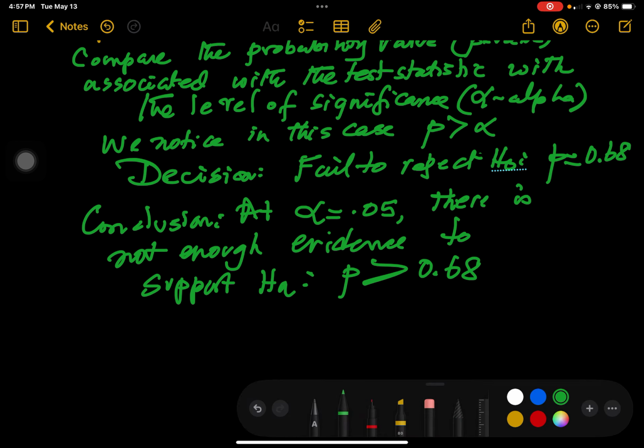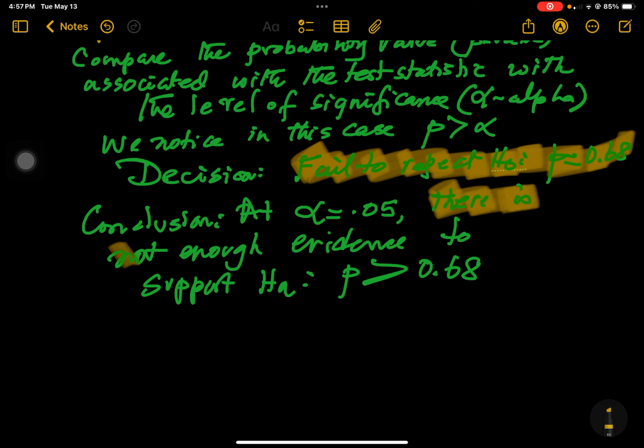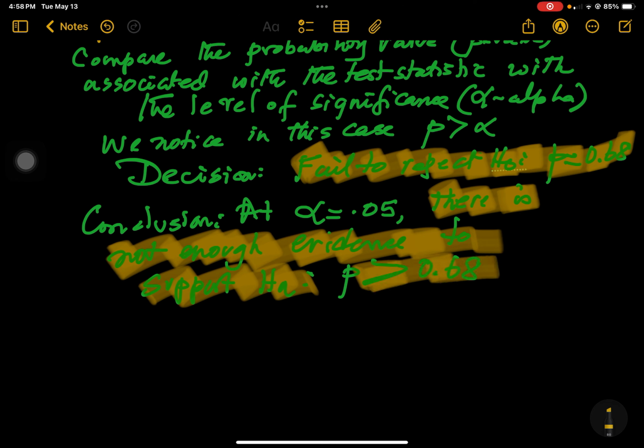I wanted to highlight it, and the highlight is done in this way. Fail to reject H0, p is 0.68. And what is my conclusion? At alpha equal to 0.05, there is not enough evidence to support the HA, p greater than 0.68. But the crucial point is fail to reject H0, because the probability of obtaining a test statistic at least as extreme as what we have obtained is greater than the level of significance.